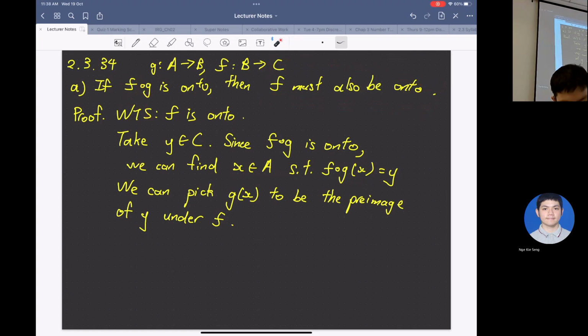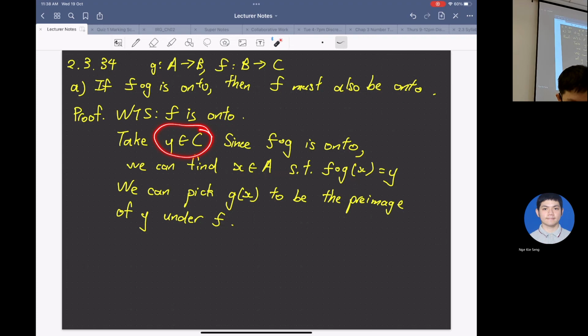So this question, 2.3.34, is to test whether you understand the definition of onto, one-to-one and bijection. So for this case, if you want to show that f is onto, then you have to take an element in C and then show that there's an element in B such that f(b) equal to c.